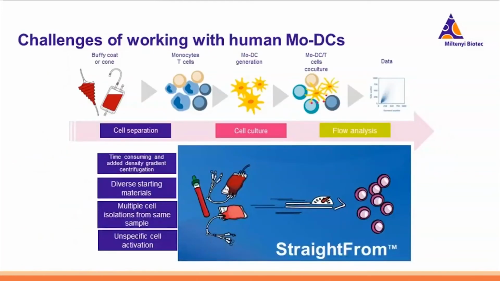Now, what kind of challenges do we face while working with human MDSCs? Well, we have challenges in different parts of the workflow. In the cell separation part, challenges could be long isolation time, different starting materials, some researchers wanting to isolate different cell types from one sample, and also the problem of unspecific cell activation.